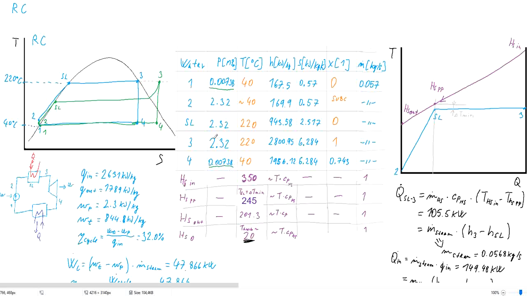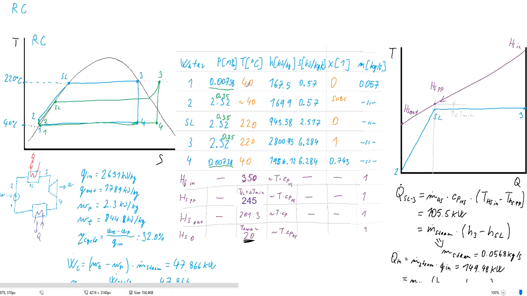There is no difference. But in the problem statement we had specified the high pressure of the cycle, which was 0.35 megapascals, 3.5 bars. So in megapascals it's 0.35, and over here also 0.35.